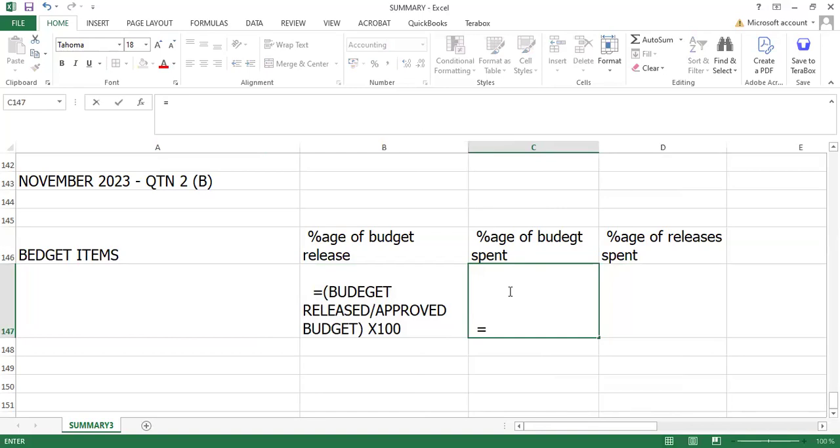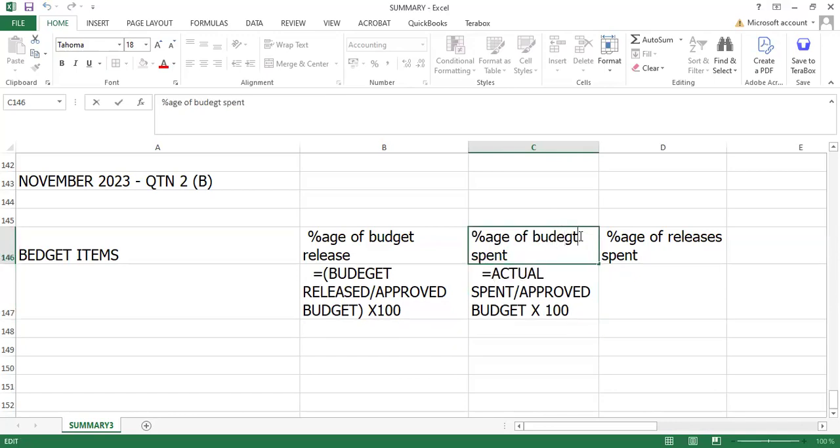Even here, it's the actual spent amount divided by, now if it is budget spent, of course you're dividing by the budget. You look at the approved budget, and then the answer you get multiplied by 100. For the budget spent, you don't really focus on the releases.